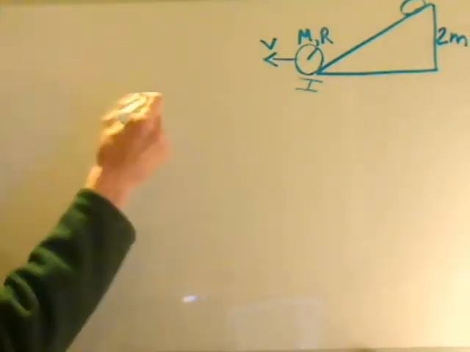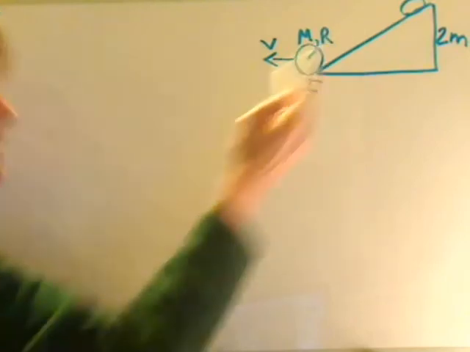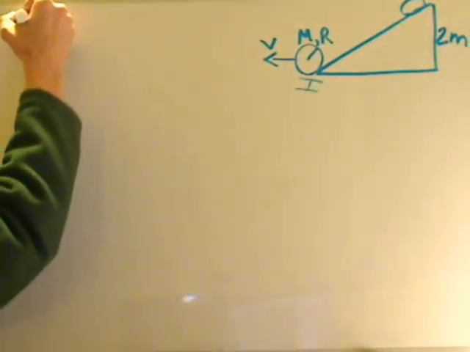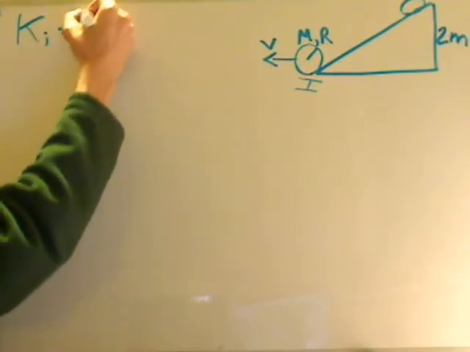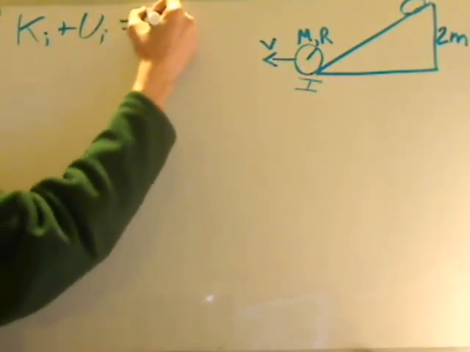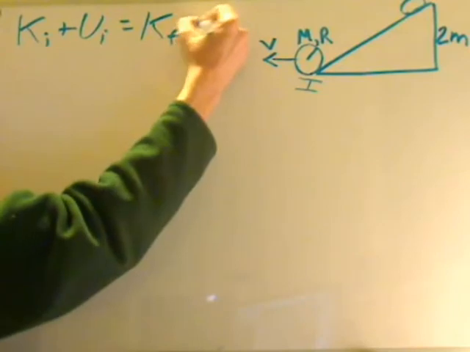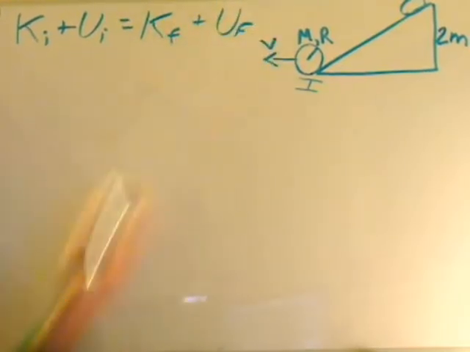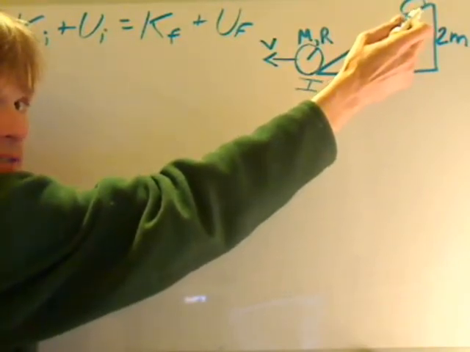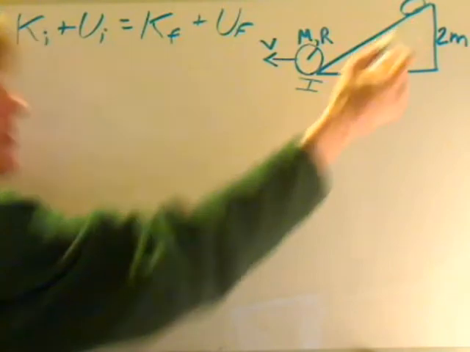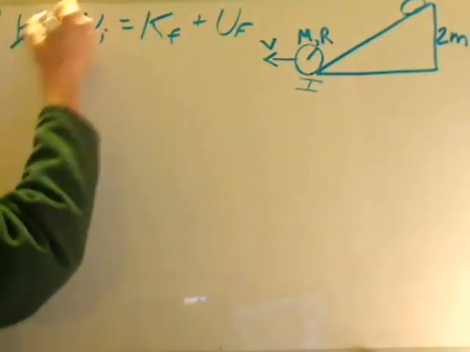Now, conservation of energy tells us, since there's no friction involved here, that initial kinetic plus initial potential energy is final kinetic plus final potential energy. The object's at the top of the incline, at rest, so it has zero kinetic energy, and we can cross that term out.